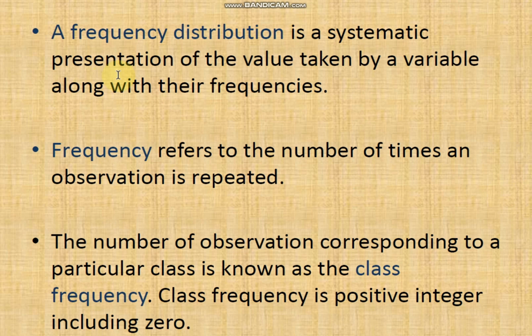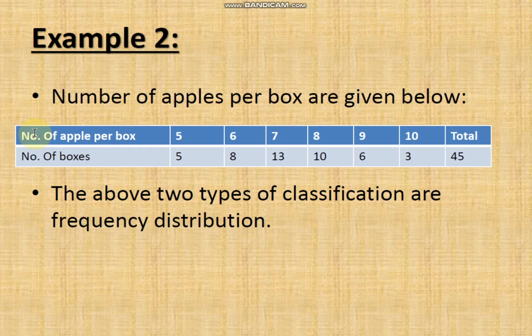Along with their frequencies. If this is a variable, number of boxes is a frequency. How many boxes contain 5 apples each? 5 boxes. How many boxes contain 6 apples each? 8 boxes. So here number of apples per box is a variable and number of boxes is the frequency.